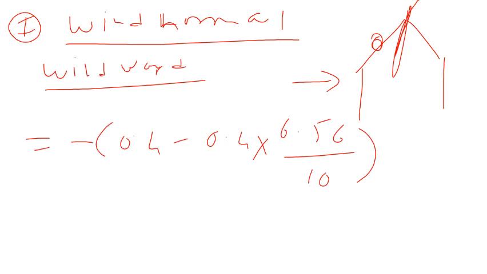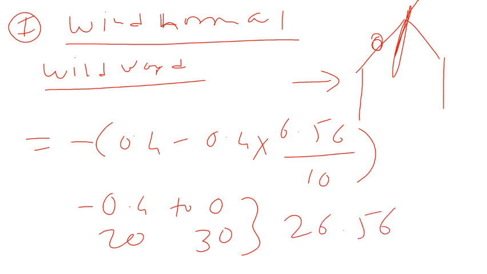Because our value for the coefficient varies from minus 0.4 to 0 for the angles 20 and 30, right, and we need the value for 26.56.